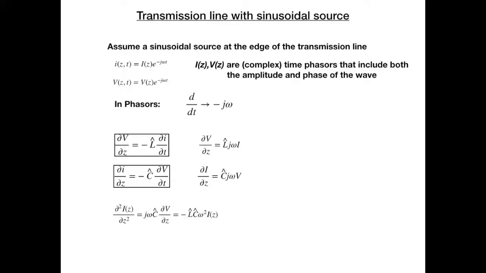This equation is solved with two possible solutions, one with a plus and one with a minus. The constant in the exponent before the z is called the wave vector, and usually it's denoted by k. So you can see that k equals omega times the square root of L hat times C hat.